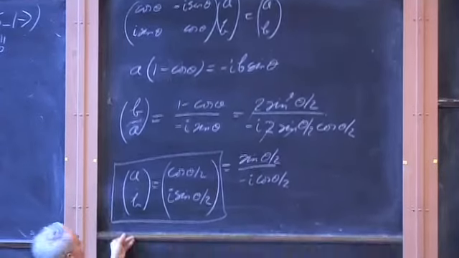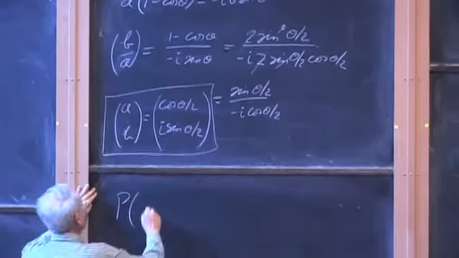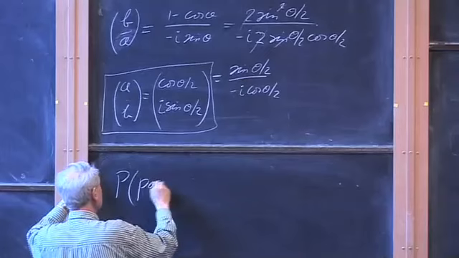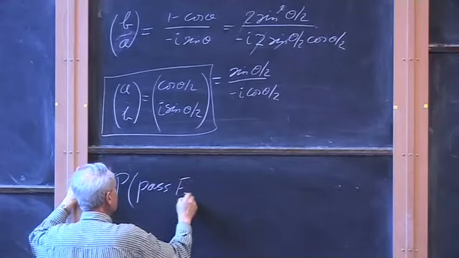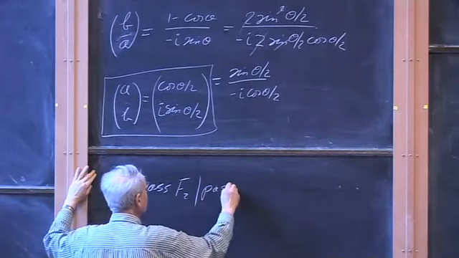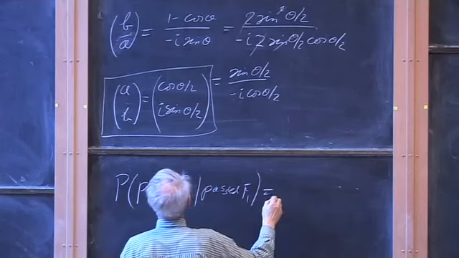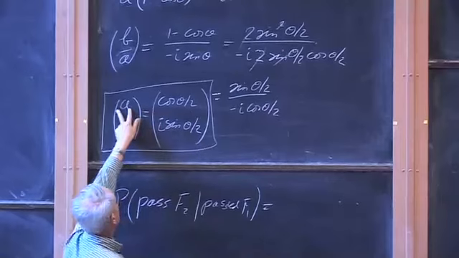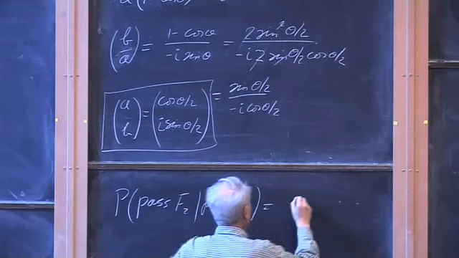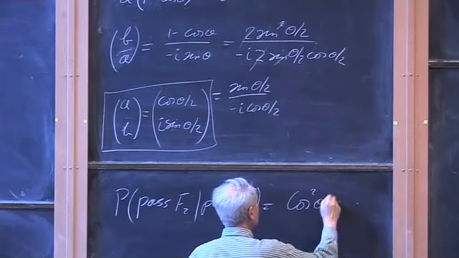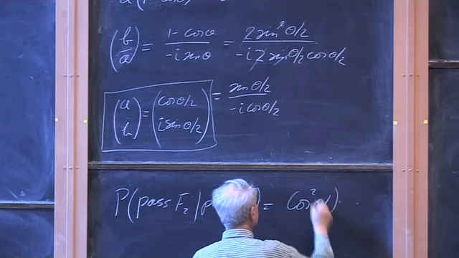So the probability that we pass F2, given that we passed F1, is actually equal to, we said it was going to be mod A squared, is therefore cos squared theta upon 2.